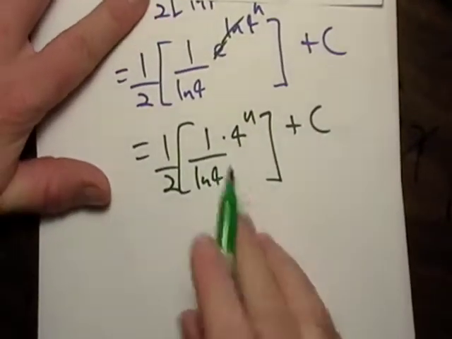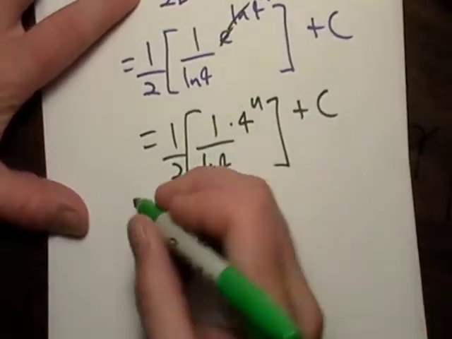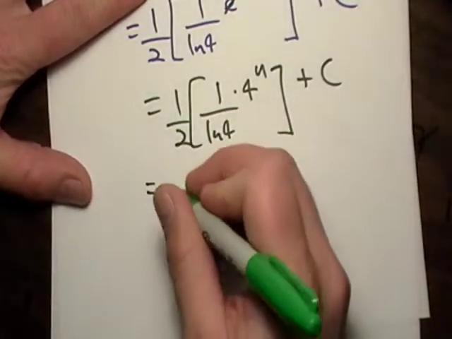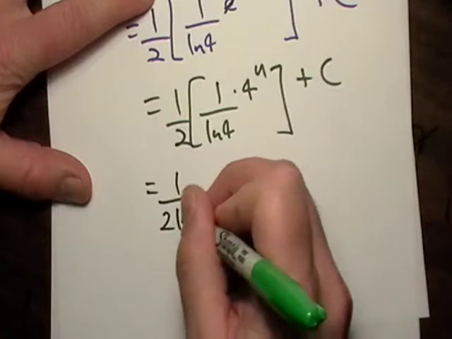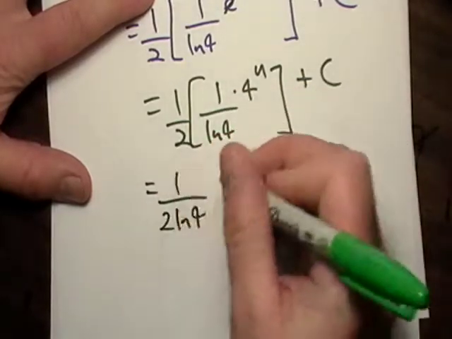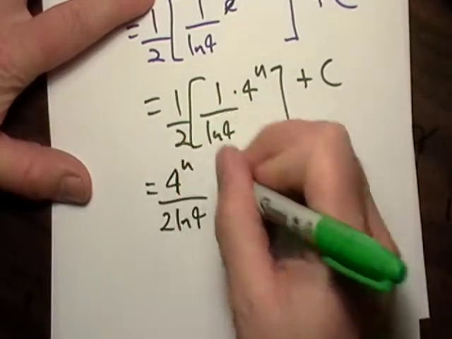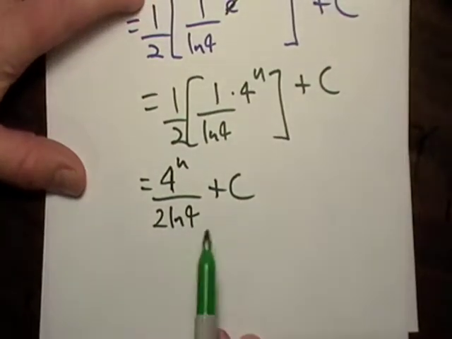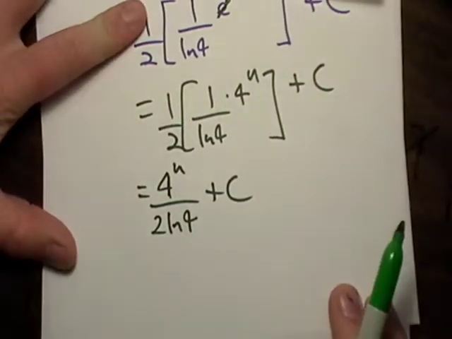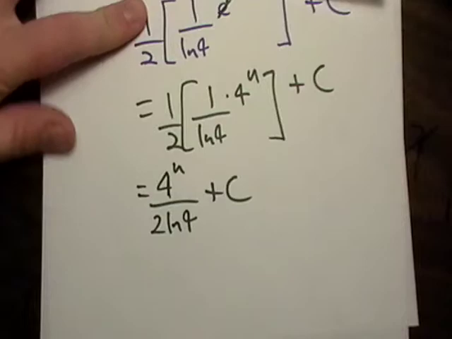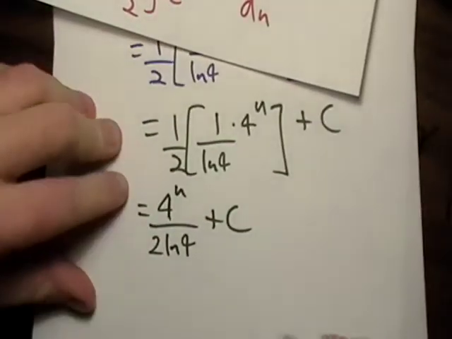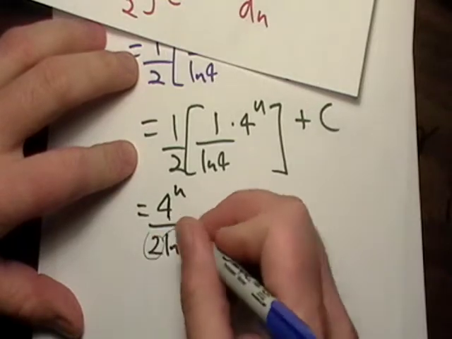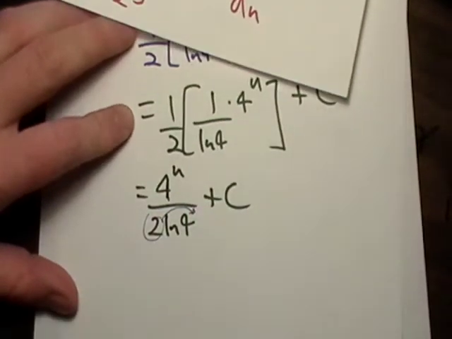Now let's clean it up a little bit more. Now we got 1 over 2 times natural log of 4, and actually this will be just 4 to the u plus c. That's no big deal. If I wanted to, I could take my power rule again and stick this 2 up here and make that 4 squared.